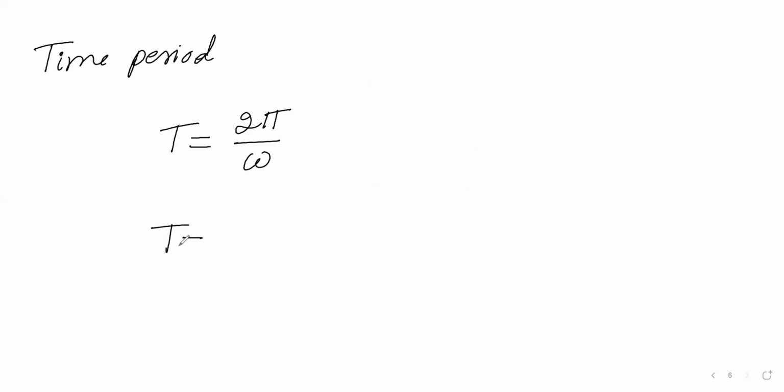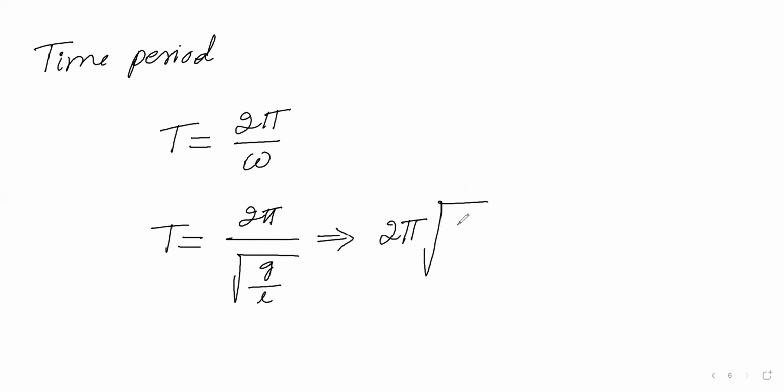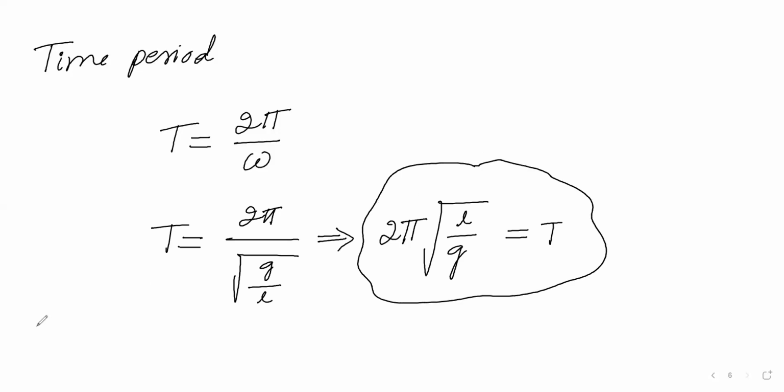So T equals 2 pi divided by square root of g by L. If you take the reciprocal, what will happen here? 2 pi into square root of L by g. So which is the expression for time period of a simple pendulum.